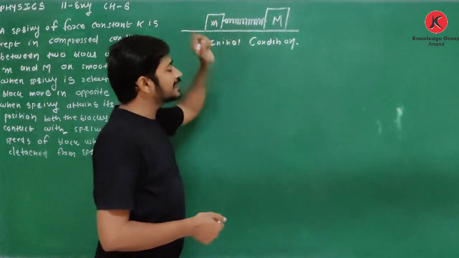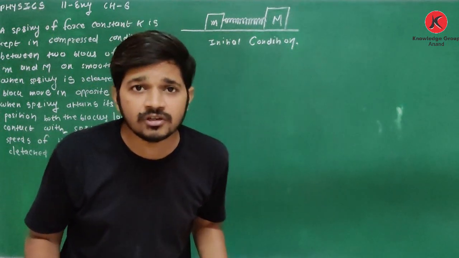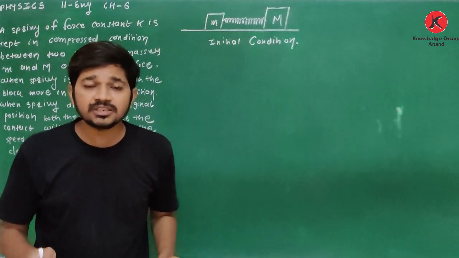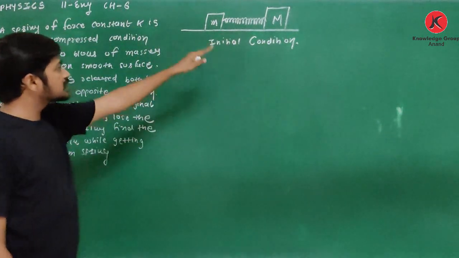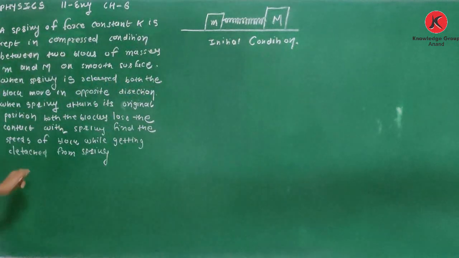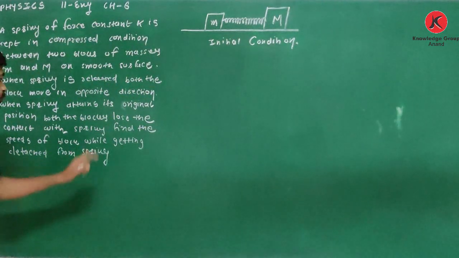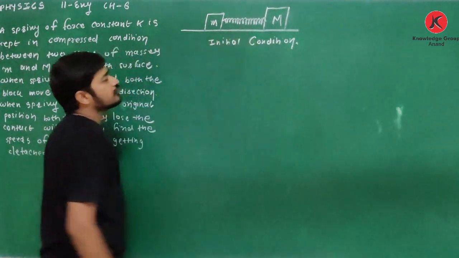When this spring attains its original position, meaning no compression, these two blocks lose their contact with the spring. And we have to find the speeds of the blocks while getting detached from the spring. Clear?